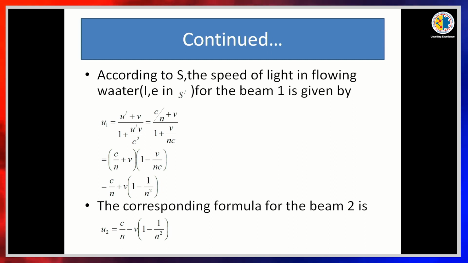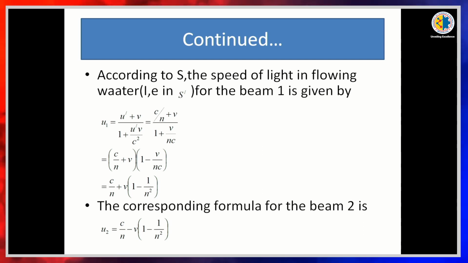The corresponding formula for beam 2, with the same procedure, gives U2 equal to C by N minus V into 1 minus 1 by N square. Now, try to see the difference between U1 and U2.